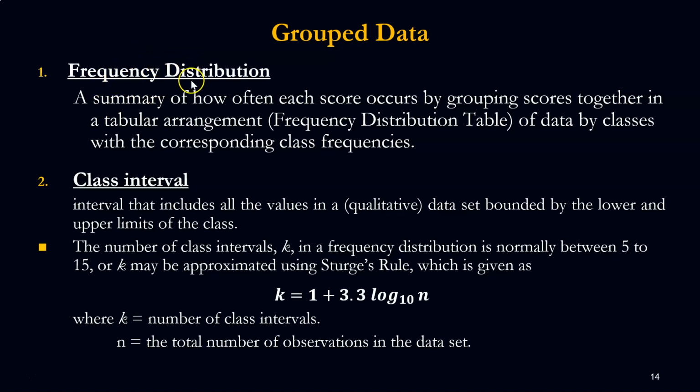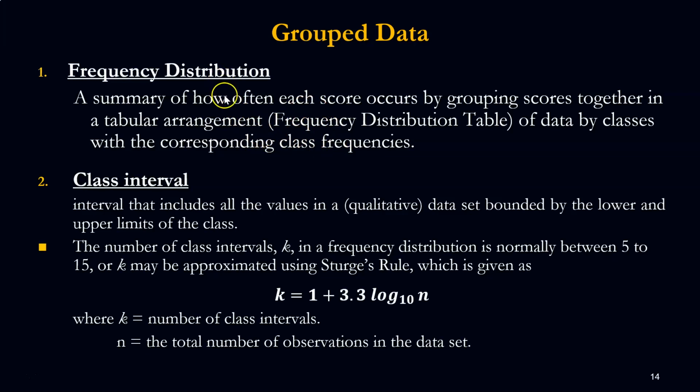Taburan kekerapan is actually a summary of how often each score occurs by grouping scores together in a tabular arrangement. So in a tabular arrangement, meaning that you have to construct your frequency distribution table of data by classes with the corresponding class frequency.